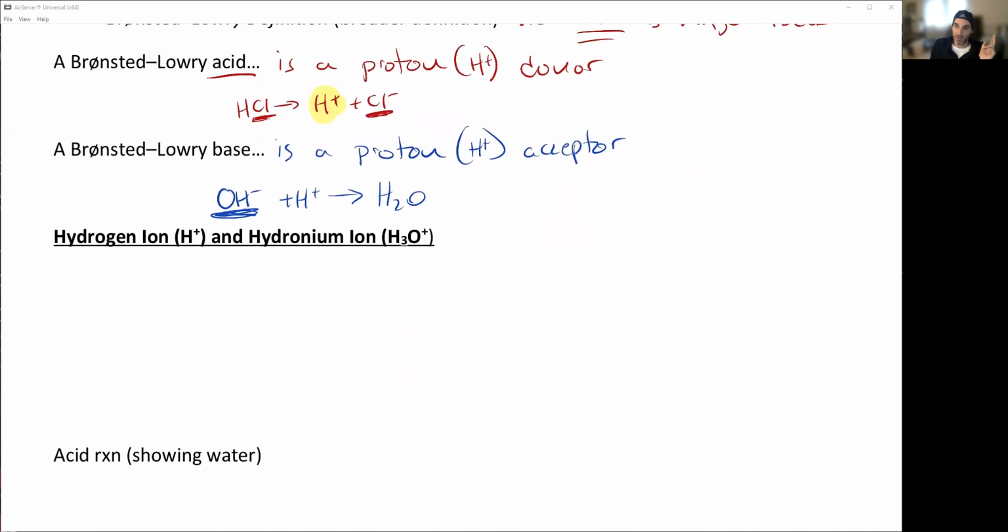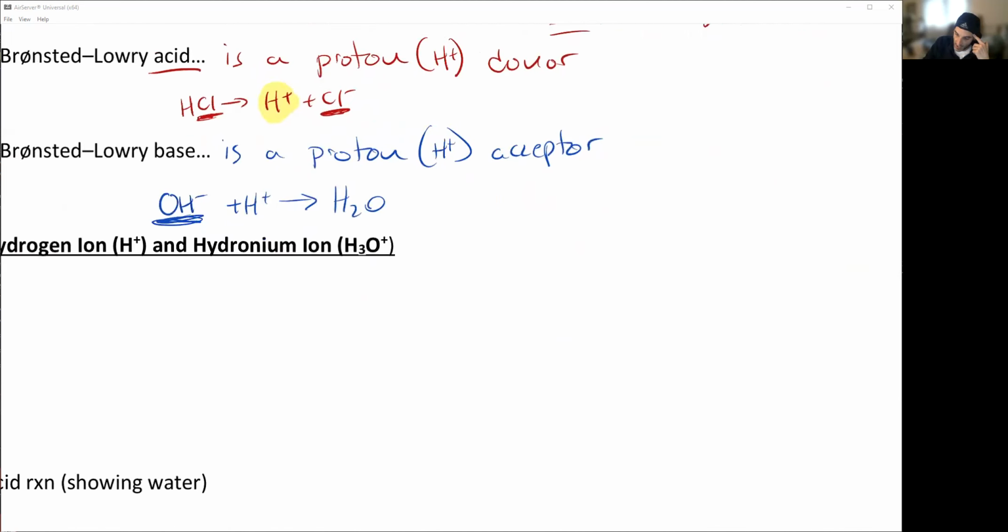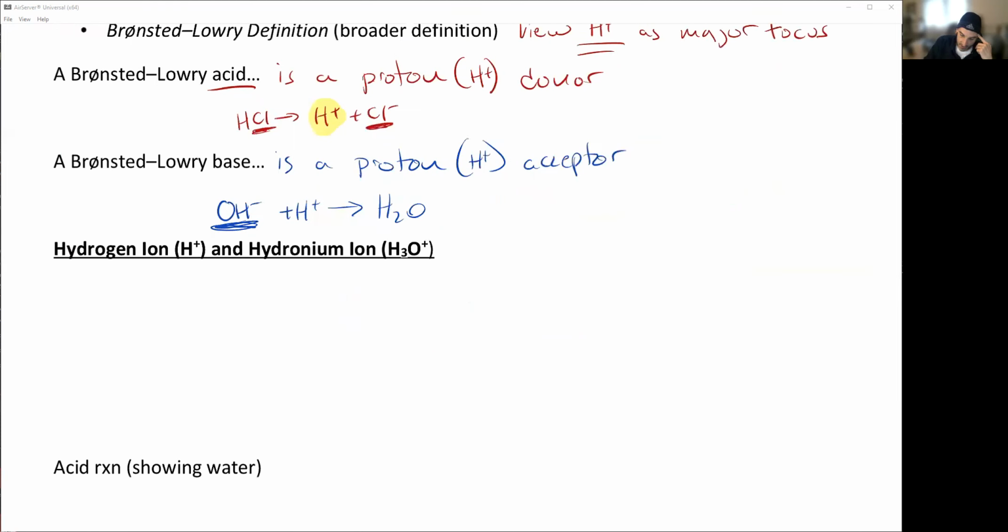So there's a little bit of a problem with the definition of a hydrogen ion. A hydrogen ion is literally just one proton, if you think about it. We've lost an electron, and it only had one electron to begin with. So it had one proton. That's just a proton cruising around in solution. That really cannot exist in solution. We don't have random protons cruising around.